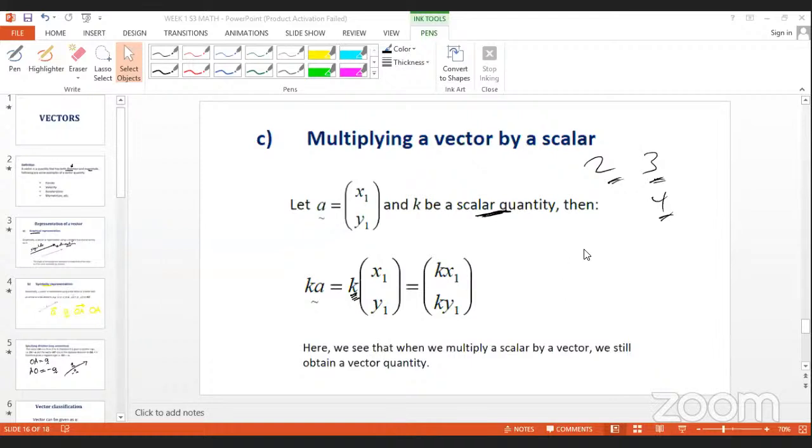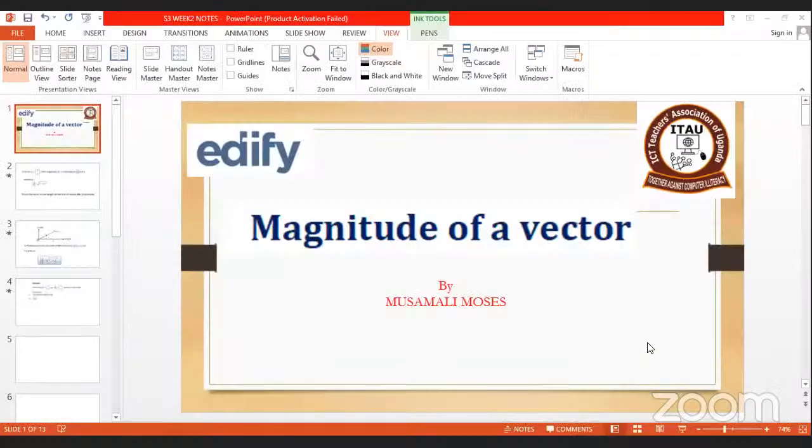So that's what we did last time, and we are moving forward. Now today, I want us to look at still connected vectors. I want us to continue looking at what we call the magnitude of a vector, and we see how we can easily calculate the magnitude of a given vector.